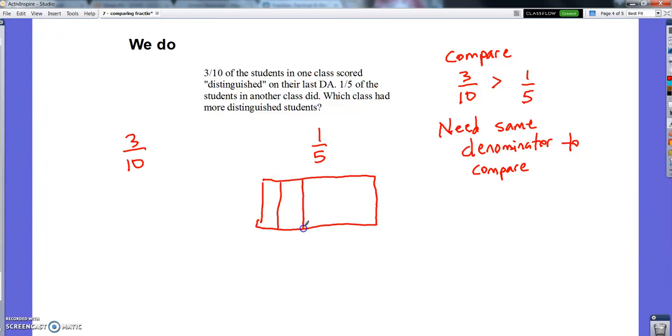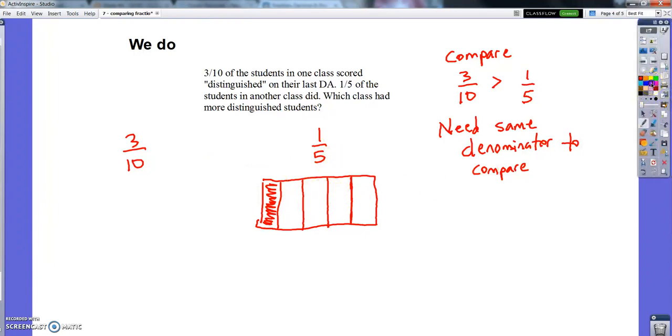1, 2, 3, 4, 5 parts. I'm going to shade in 1. So there's my 1/5. And if you want to write down, now I'm going to partition in 2.